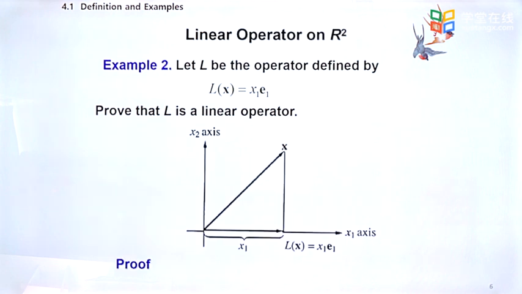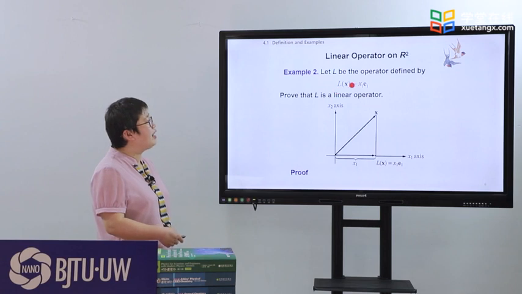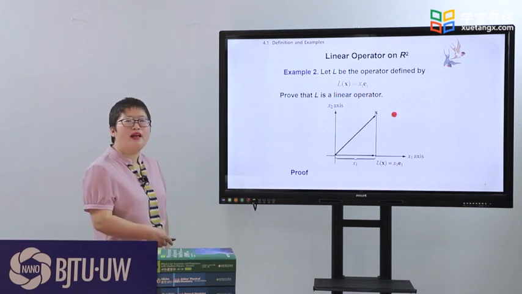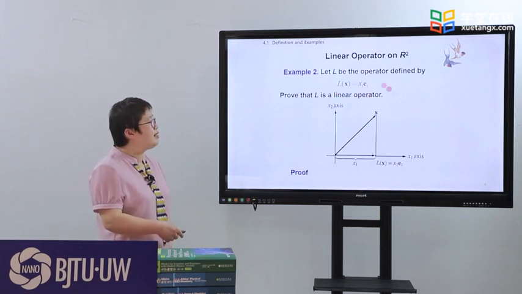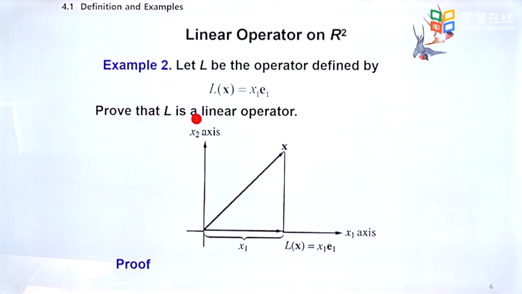We see another simple example. Let L be the operator defined in this way: L(x) = x1 e1, where e1 is the coordinate vector (1, 0). This is a two-dimensional vector. Prove that L is a linear operator. We can see from this figure what the operator means.